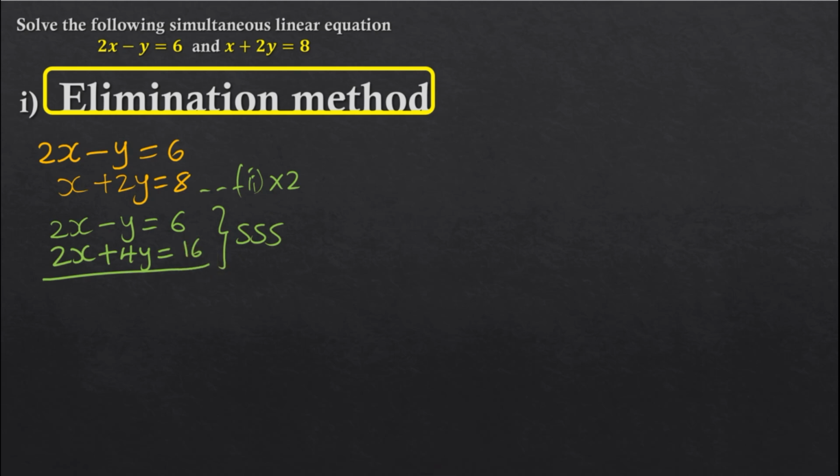So 6 minus 16 is minus 10, and minus y minus 4y is minus 5y. 2x minus 2x has been eliminated. Therefore, dividing both sides by minus 5, y is equal to 2.